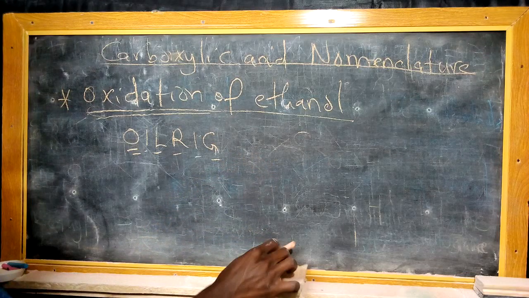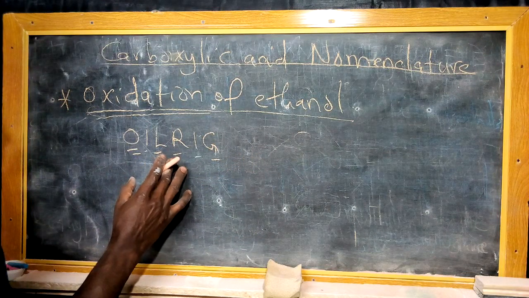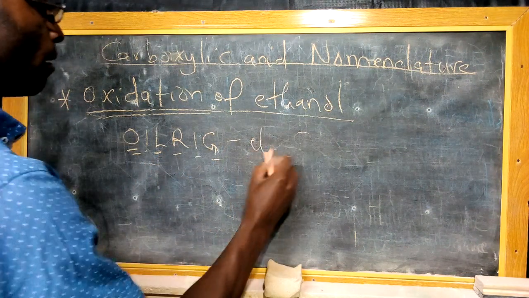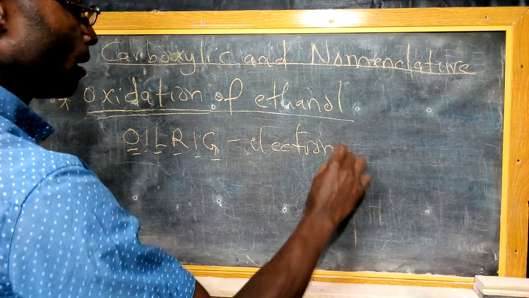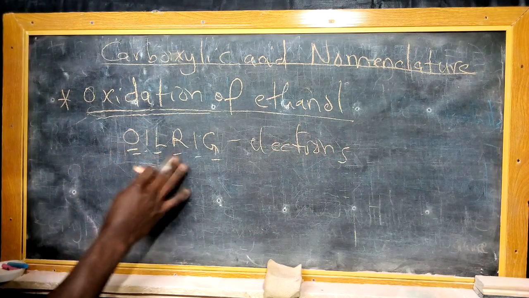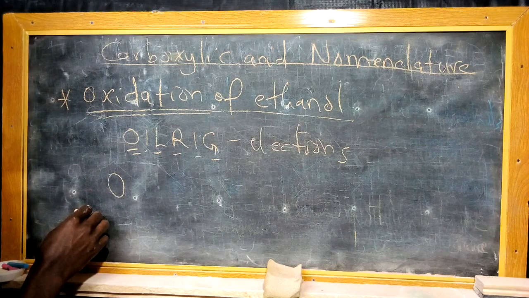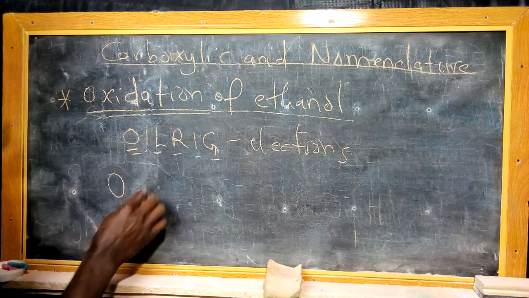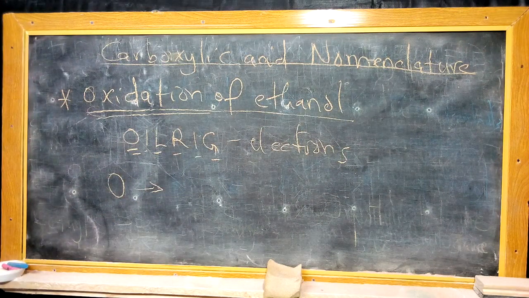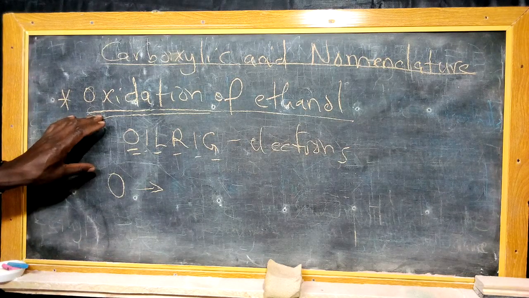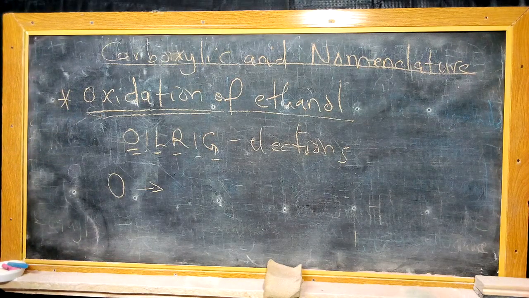But in as much as oxidation is loss of electrons and reduction is gain of electrons, there's an aspect of oxygen as an element that is also going to give us a different definition of the term oxidation, whereby addition of oxygen to a particular compound refers to a specific term, and the removal of oxygen refers to a specific term.